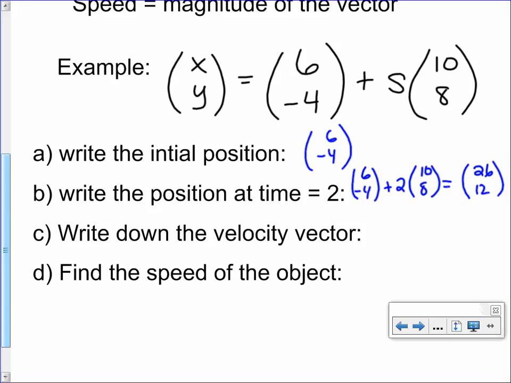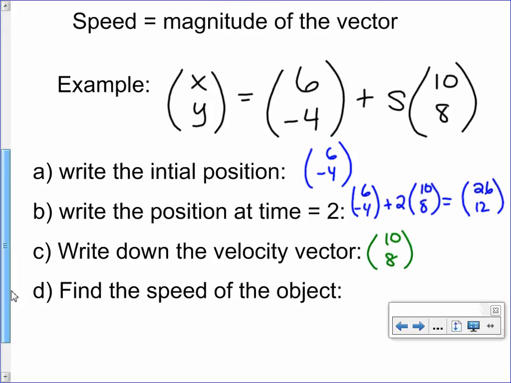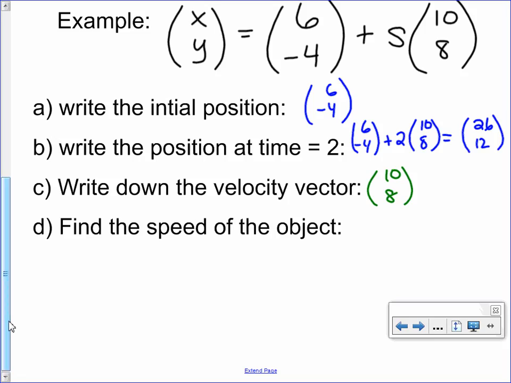What's the velocity vector? Yeah, the second one. So 10 and then 8. All right. The speed of the object. Now, the scalar is the magnitude of the vector. The speed of the object would be the magnitude of that vector. So it would be the magnitude of the direction vector.